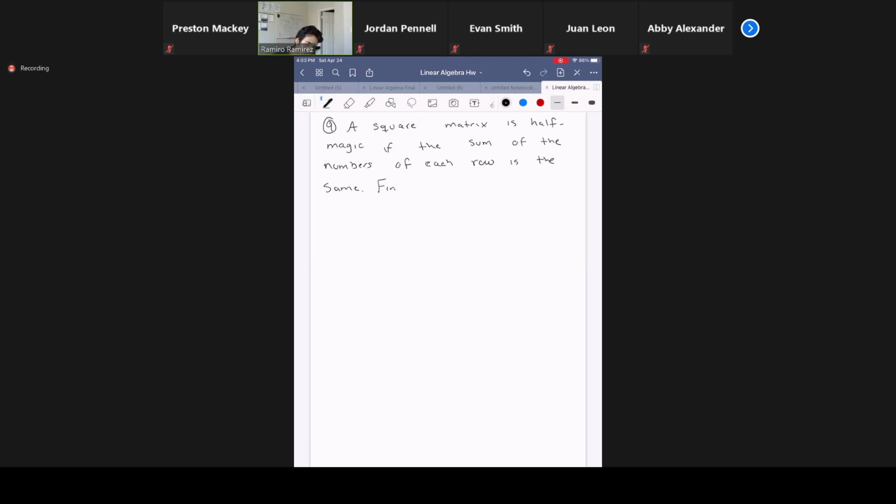So find a basis B for the vector space of 2 by 2 half magic matrices.